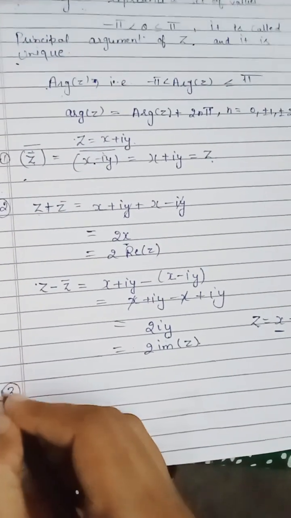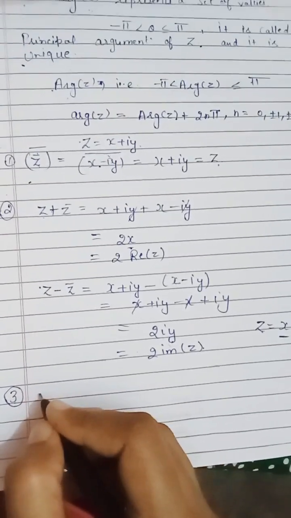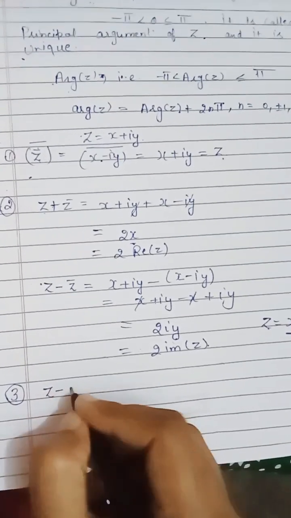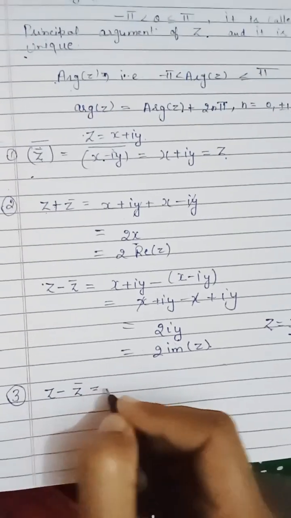Now the third property is what we have if we take z minus z conjugate is equal to 0.